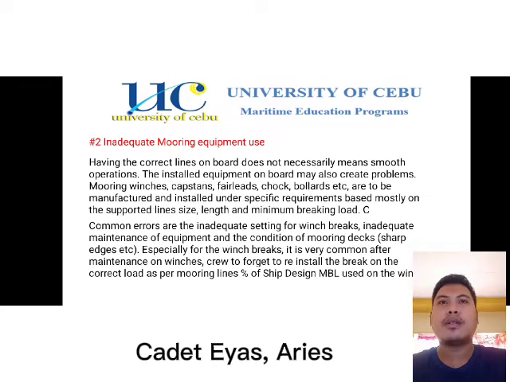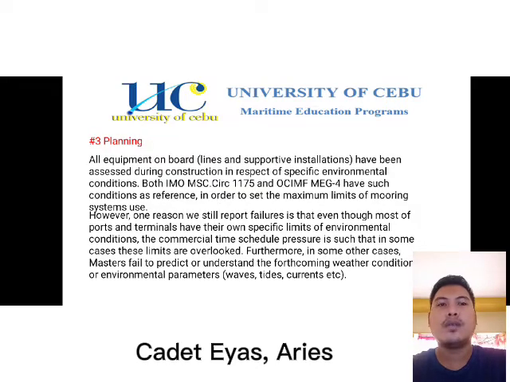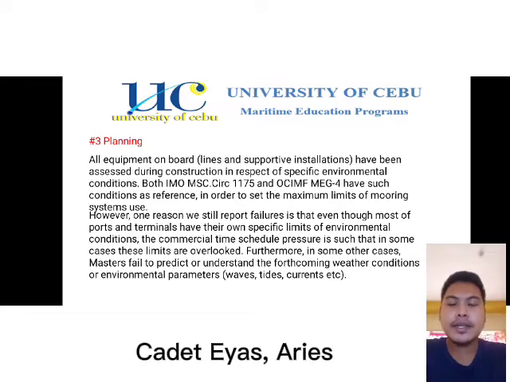Common errors are the inadequate settings for the winch brake, inadequate maintenance of equipment, and the condition of mooring decks, sharp edges, and so on. Especially for the winch brakes, it is very common after maintenance of winches for the crew to forget to reinstall the brake at the correct load as per the mooring lines of the ship design MBL used on the winch.